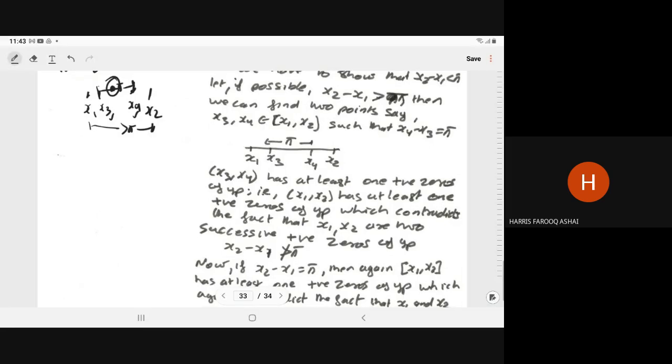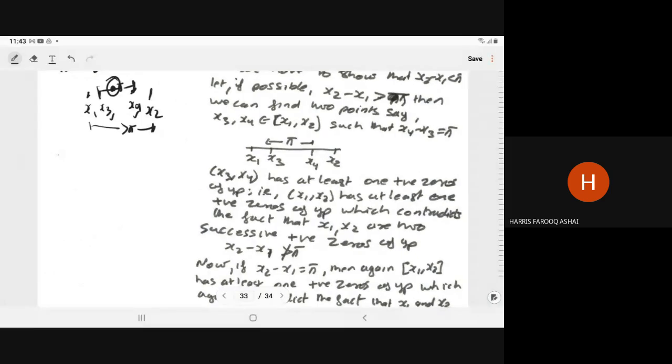Now, let's say x2 minus x1 is equal to pi. This is x1, this is x2, and the length is only pi. Then also by theorem 25c, there is one zero of yp, because in every length of pi, for p greater than or equal to 0 and less than half, there is at least one zero.